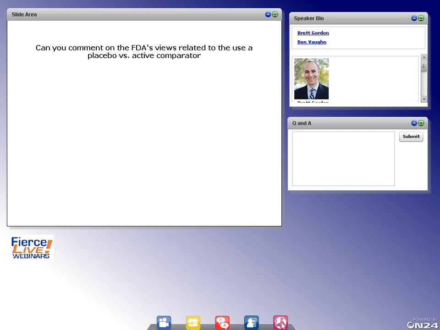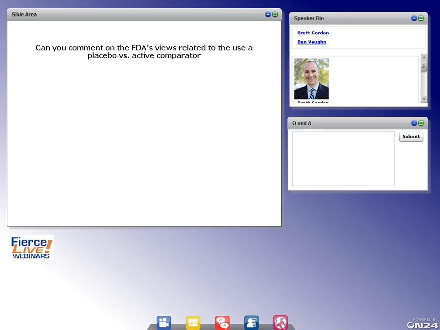The agency does not care for non-inferiority. They are pushing hard that these need to be superiority trials. And so it's a question of, can you design a trial that's ethical with a placebo, or it's a matter of logistics. Can you get a reasonable active comparator that works for your indication, yet you can still expect to see superiority?